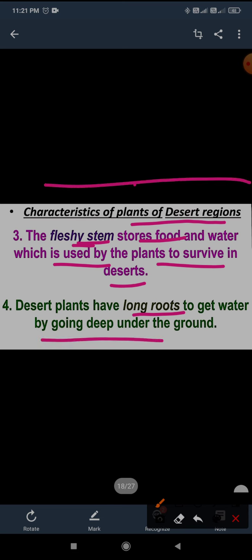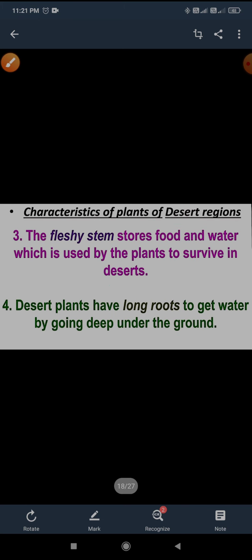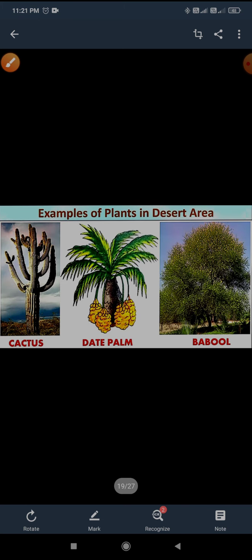The cactus has a very long root, and it helps to get water by going deep under the ground. So this is the adaptation for the cactus or desert plant.